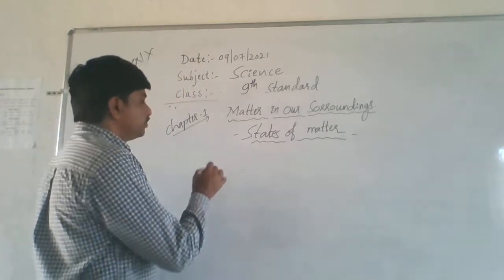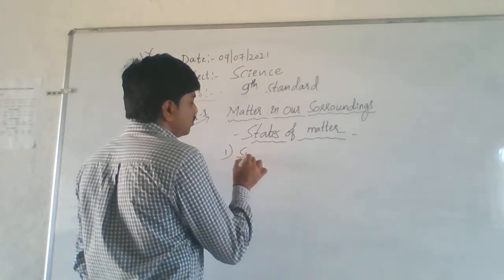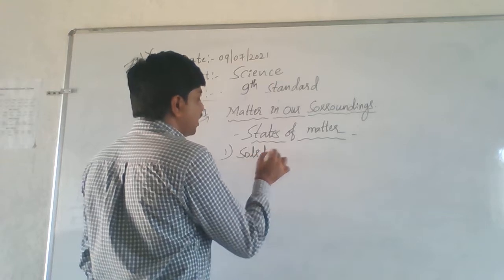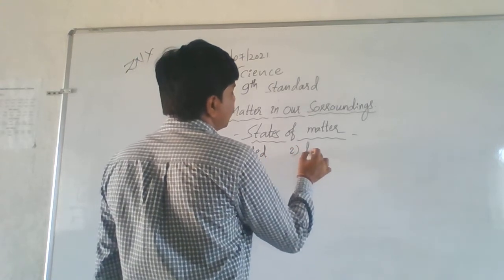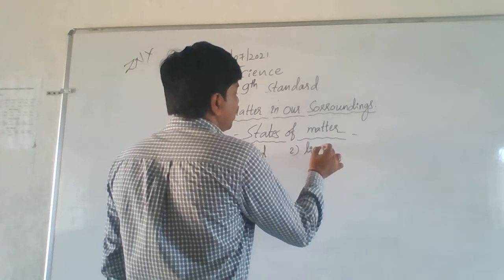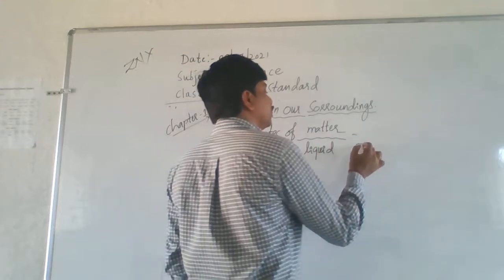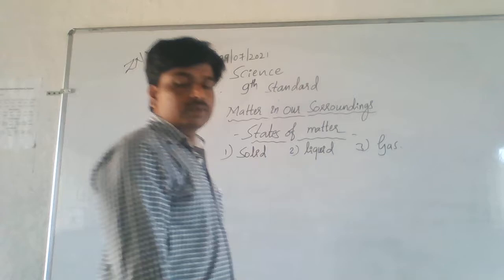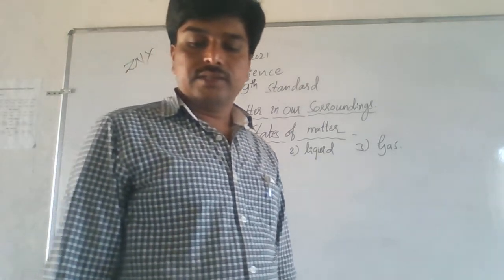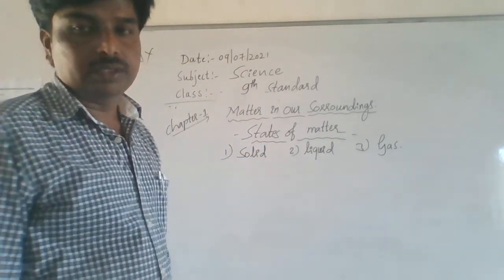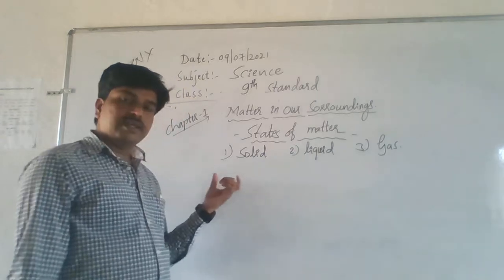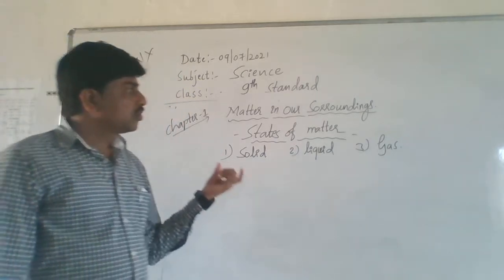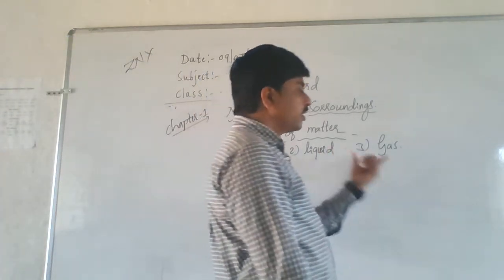They are, first one, solid, second one, liquid, third one, gas. Understand? These are the three general states of matter: solid, liquid and gas.